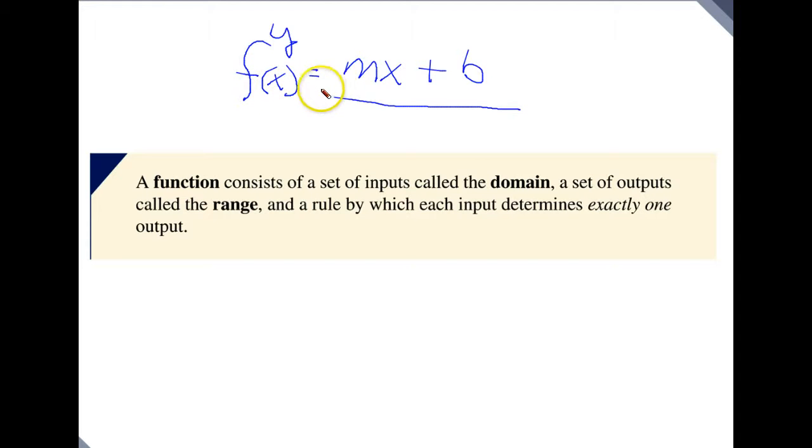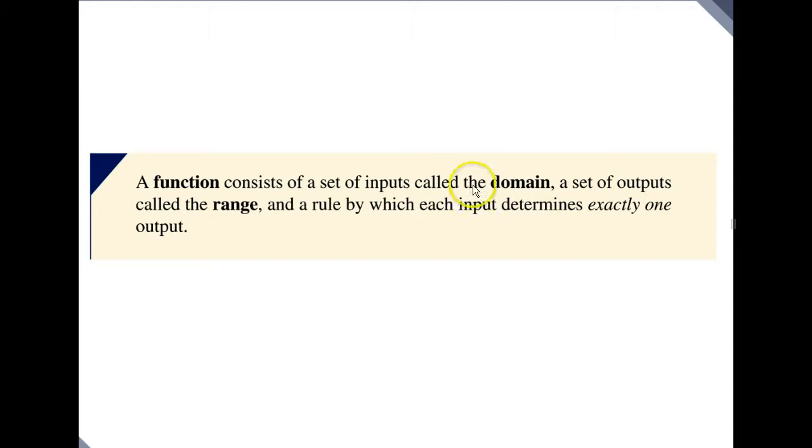Okay. Now, one of the things they want to find out here is what is the domain of something, and what would be the range of something. Well, let's just go back again for some background.